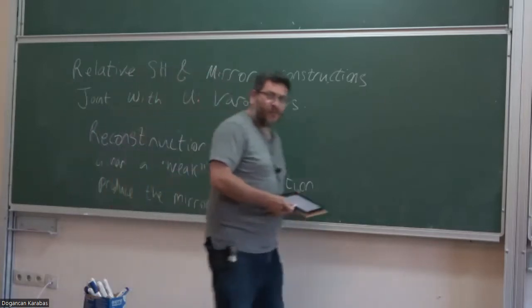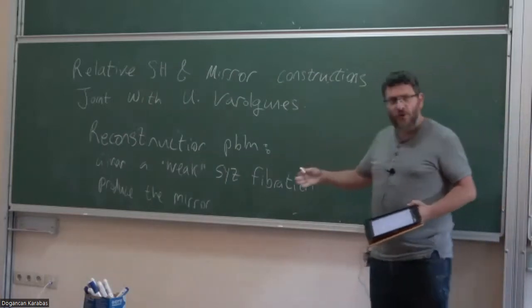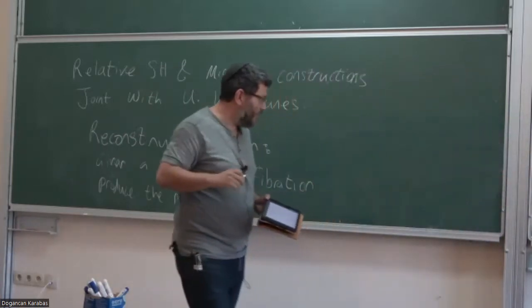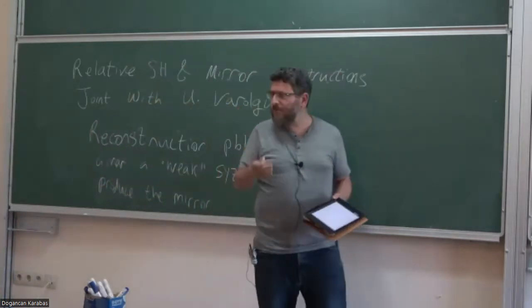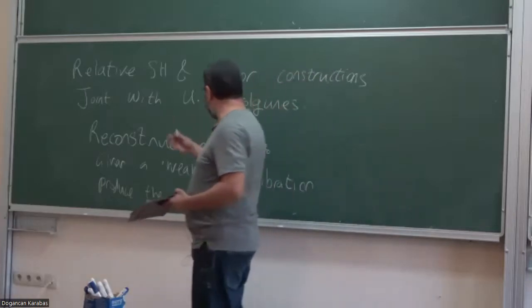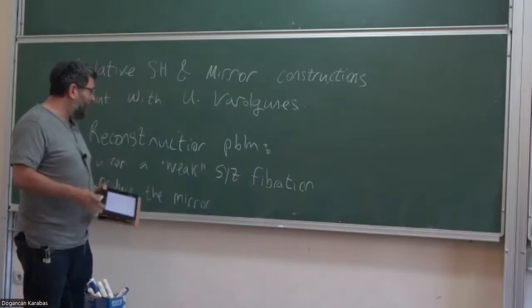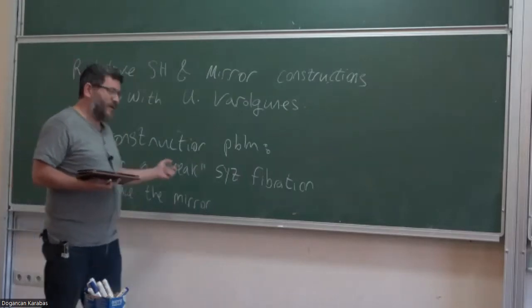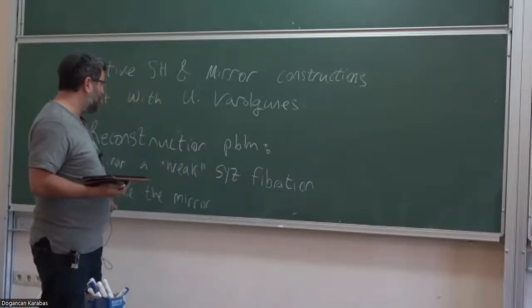I put the word weak in quotation marks because, as those of you who were at the summer school and workshop last week heard from Mark, initially there was a clear definition of what an SYZ fibration should be, but people realized that it doesn't exist when you define it strictly with special Lagrangians.